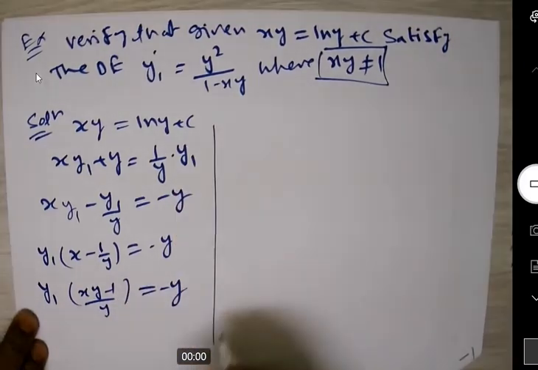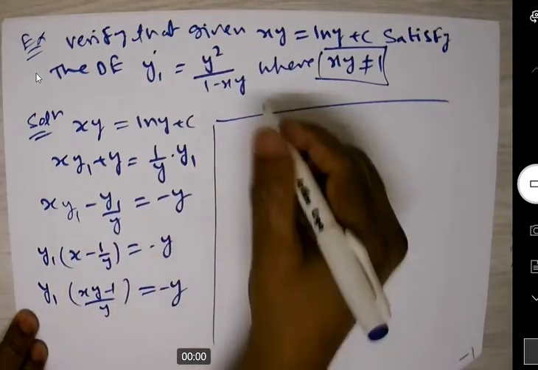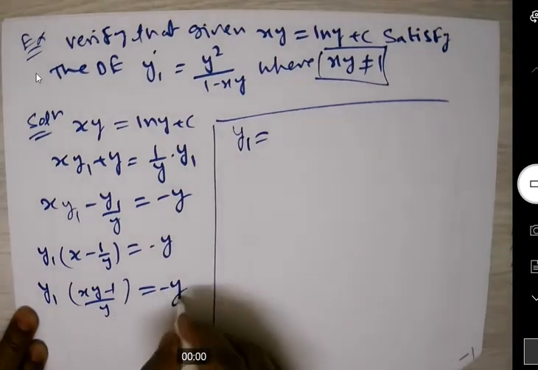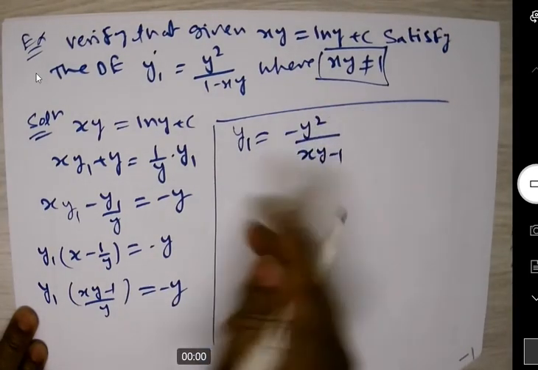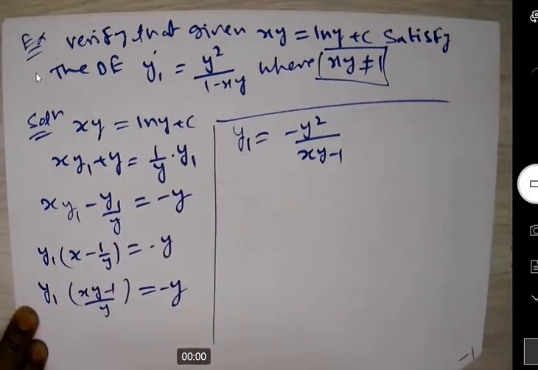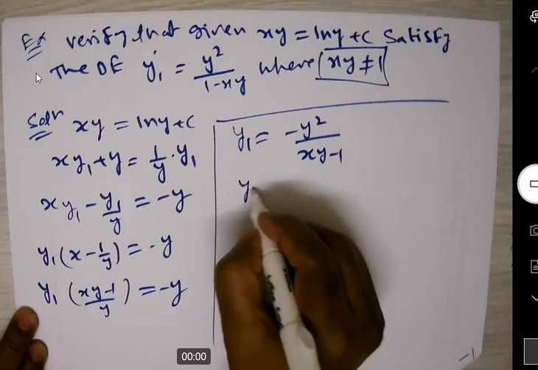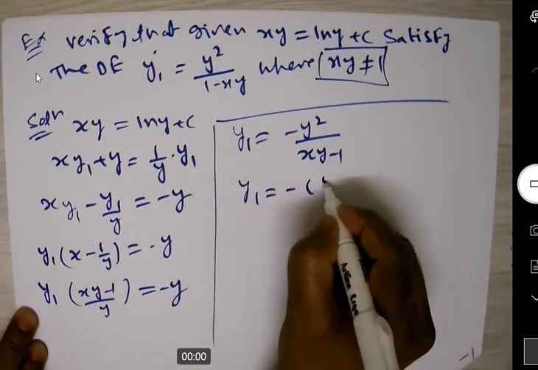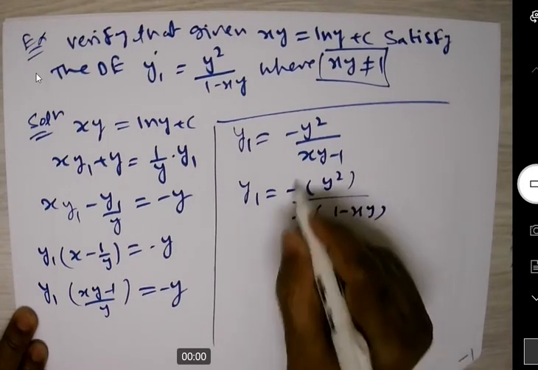Simplify, because what is needed is y1 equal to y square divided by something. Using cross multiplication, this gives minus y square divided by xy minus 1. But we need the positive term, where xy is negative and 1 is positive. So take minus common: y square divided by minus 1 minus xy, hmm, and this cancels.